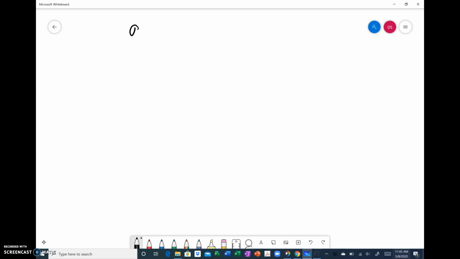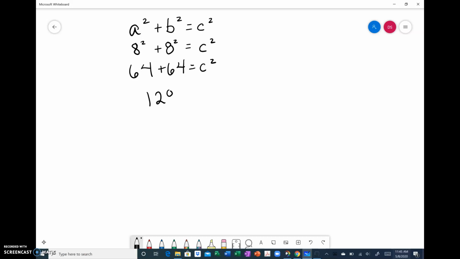So I'm going to just sketch it up here again. a squared plus b squared equals c squared, and I'm going to plug in what I know. It tells me that the two leg lengths are 8. So I now know that 64 plus 64 will give me c squared. And 64 plus 64 is 128.